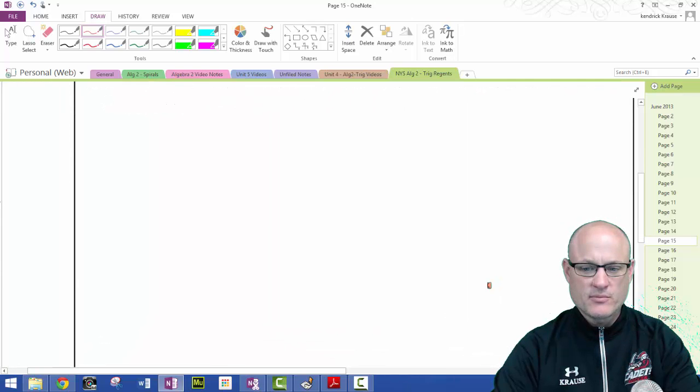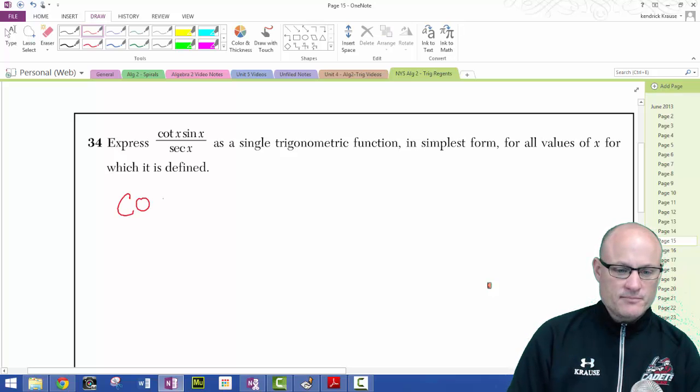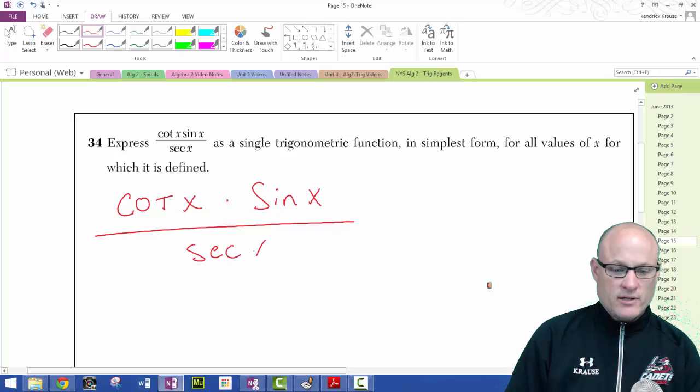These are some of my most favorite questions. You're just simply taking things and you're converting them. So cotangent of x times sine of x all over secant of x. What we're going to do is convert these all to fractions.